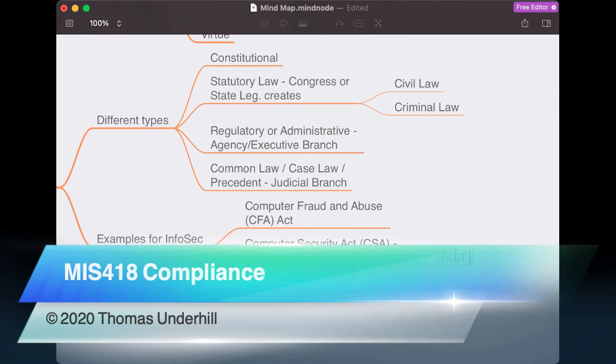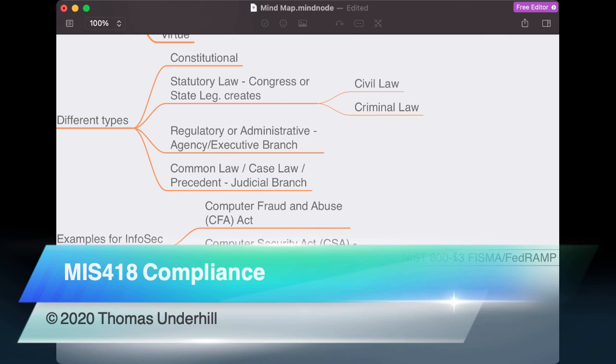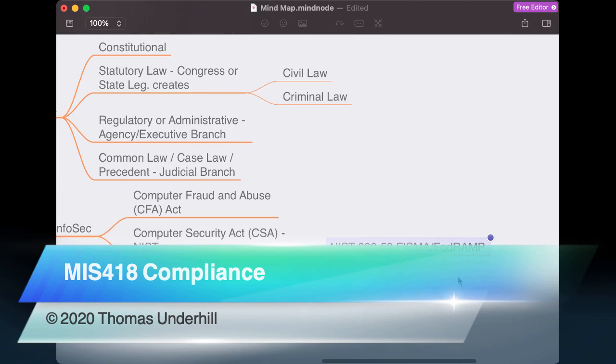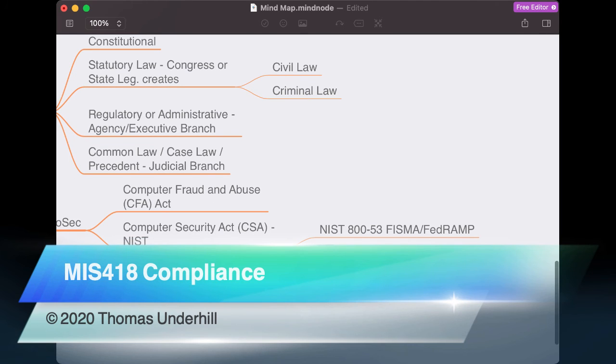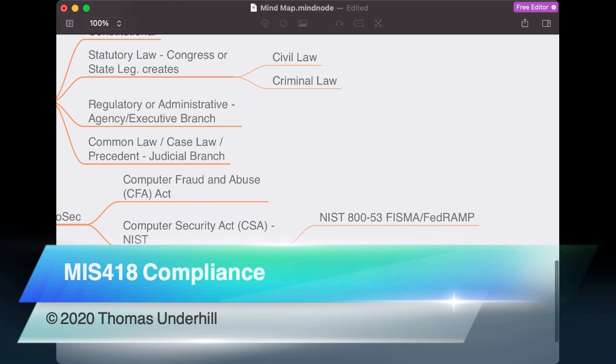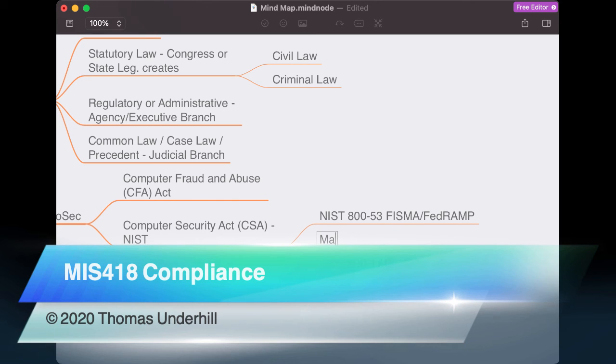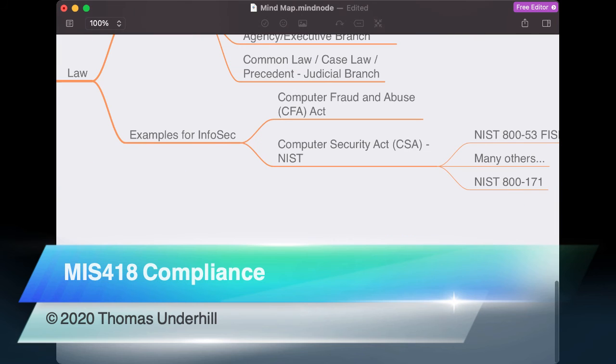NIST 800-53 is a document that pertains to FISMA and FedRAMP. Very important if you plan to do any work in the federal government. But there are also many other NIST standards. Another common security one is NIST 800-171, and there are a variety of others. Definitely look into that if you are interested in this field.